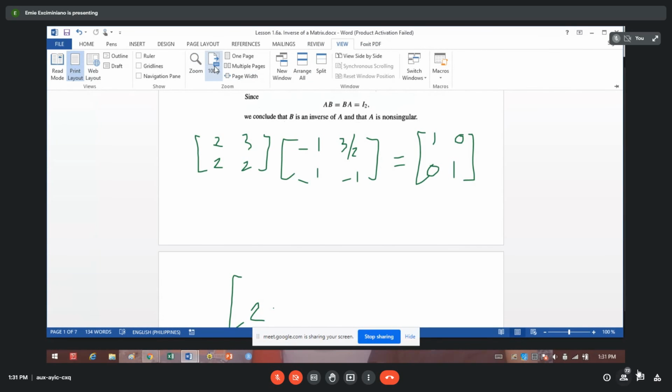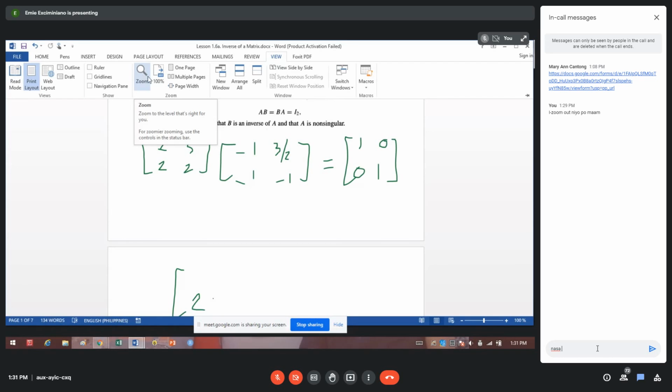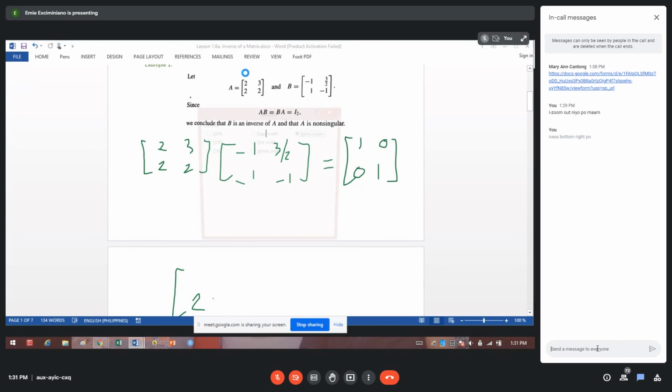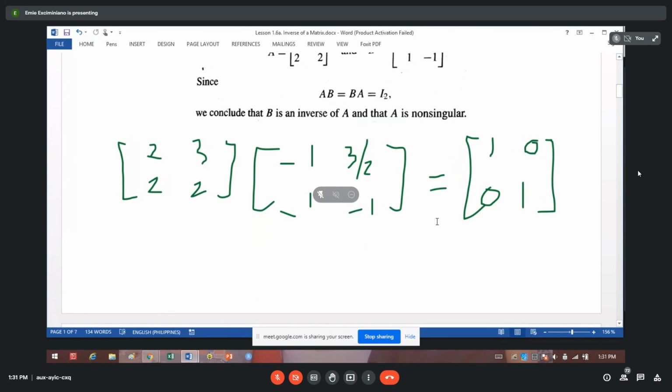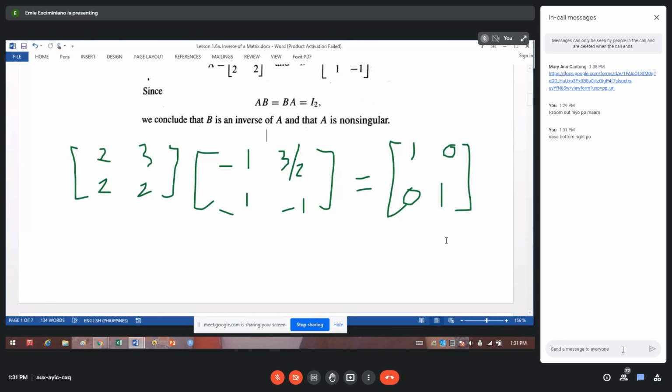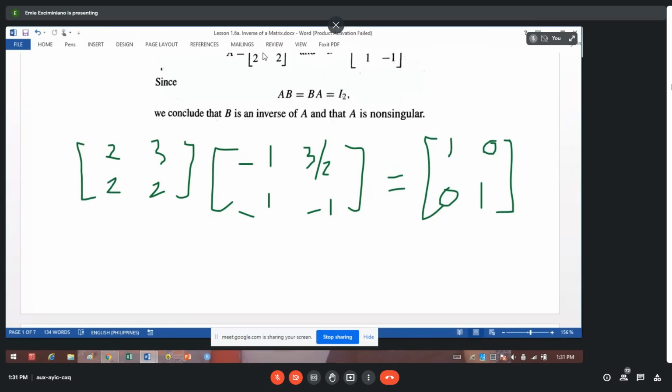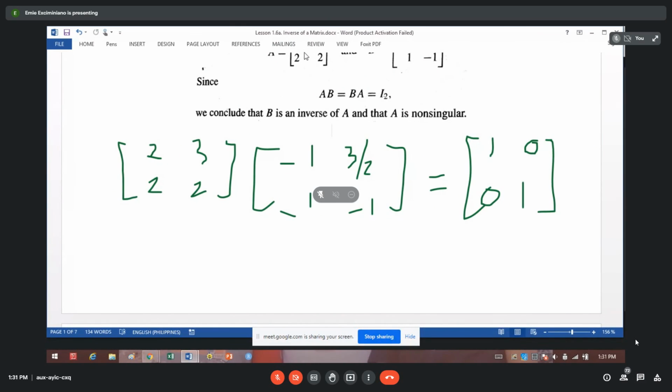Sorry naman, class. Demanding talaga tong klaseng to eh. Nagpapanik tuloy ako, na-delete ko na nga eh. Okay, okay na. Nasa bottom right po. Okay, zoom out nyo po, ma'am. Thank you, Mark. Mark, okay na? Dito lang pala, doon ako napunta. Ito pala yun.